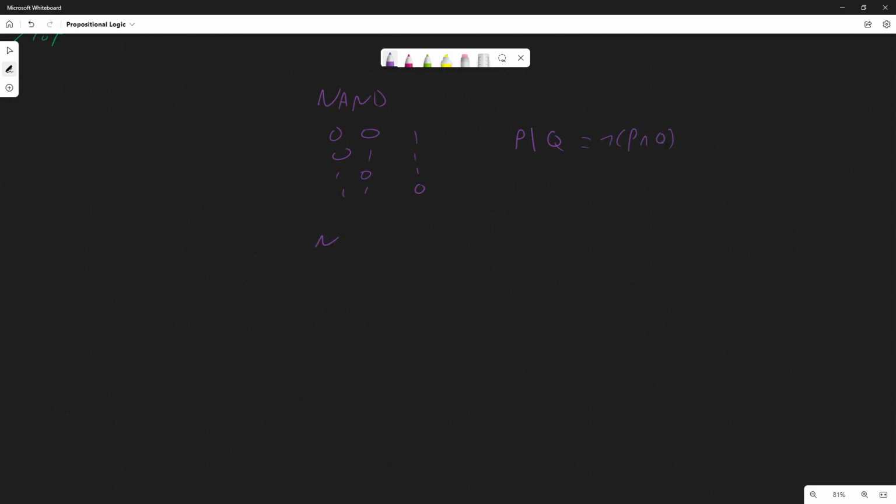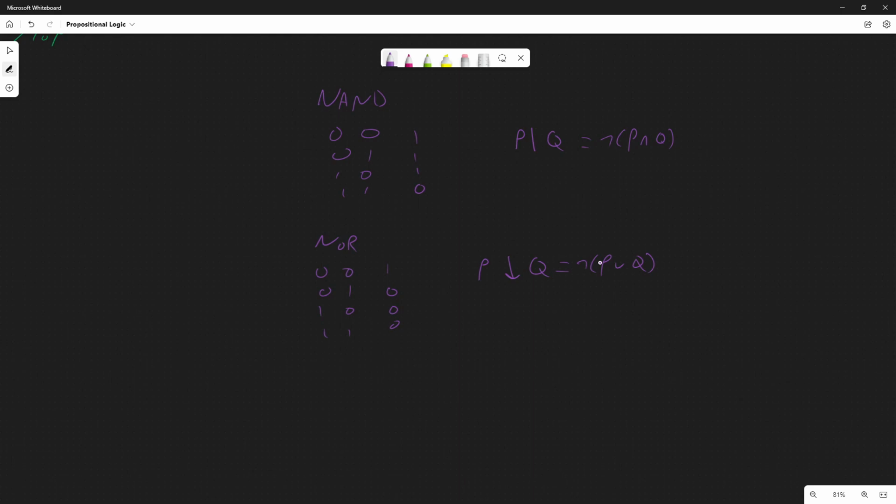Similarly, we have NOR, which is the opposite of OR. So it is only true when neither of them are true. We draw this P, vertical line downwards, Q, and it is equivalent to not (P or Q). Again, just be aware of them.